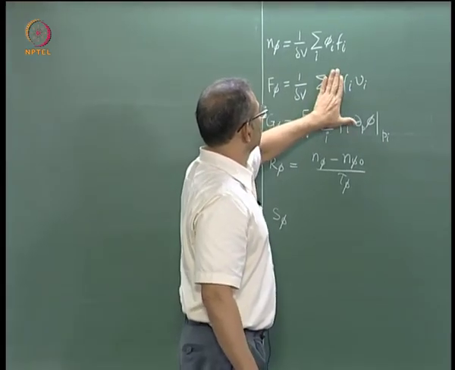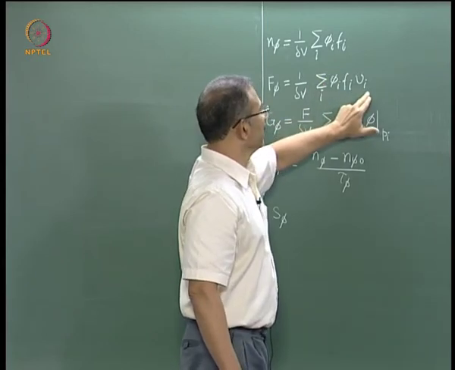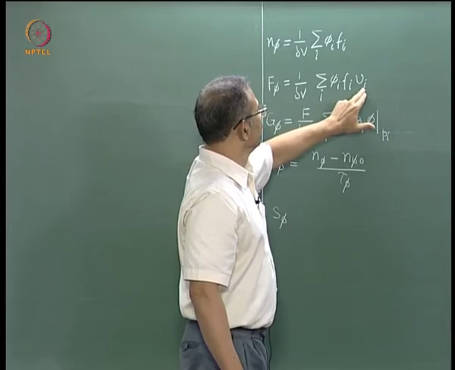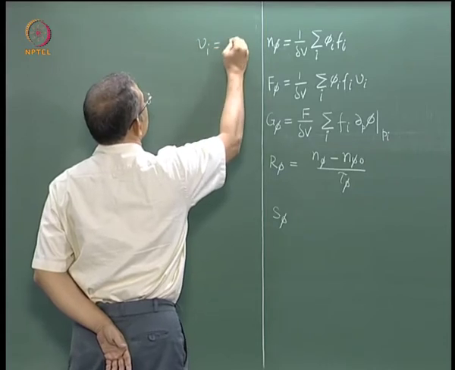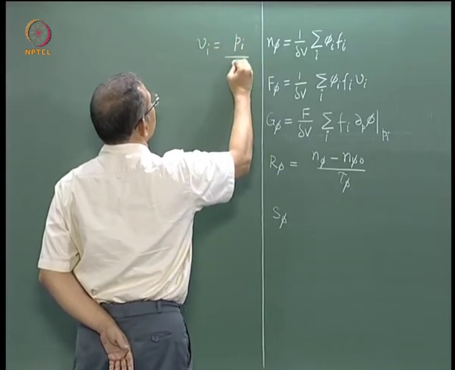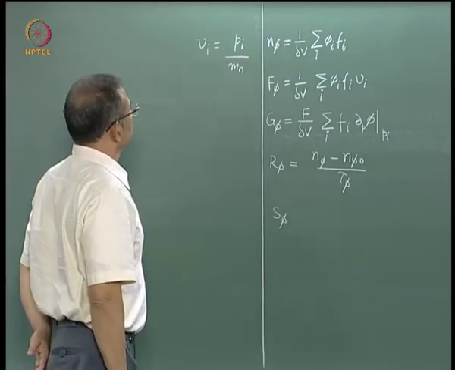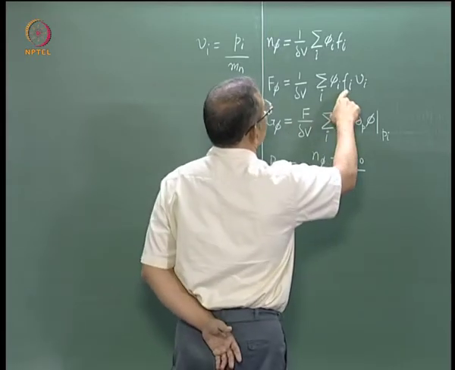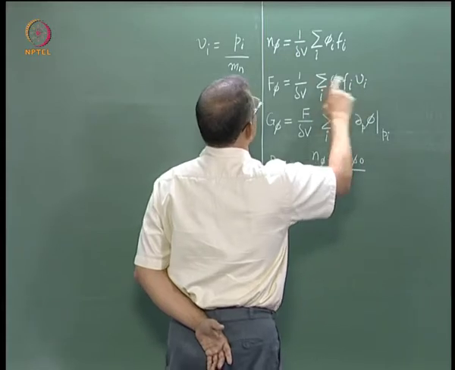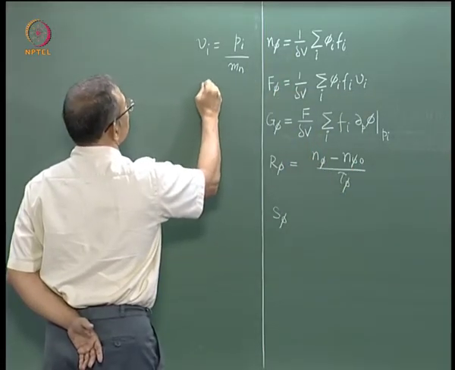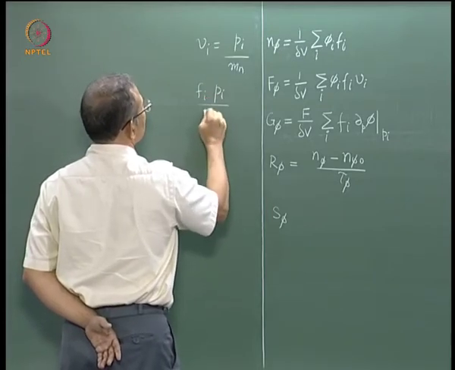So phi I is 1, so you have removed this. So what you are left with is f I v I, and v I is nothing but momentum p I by mn. So this quantity is f I into p I by mn.